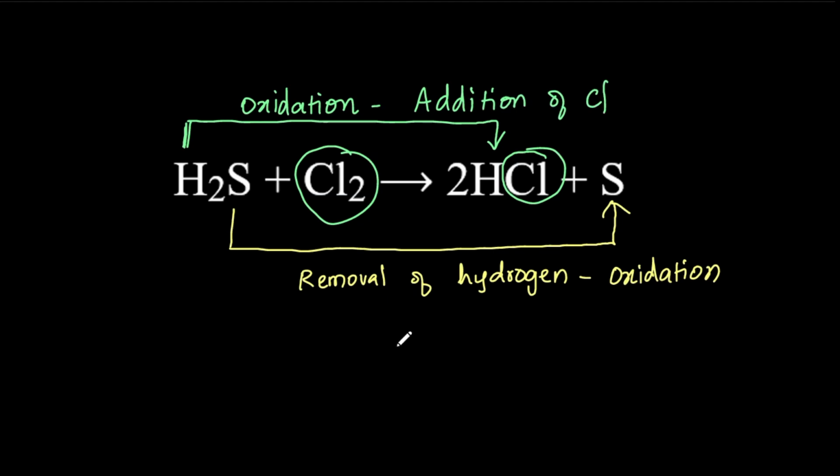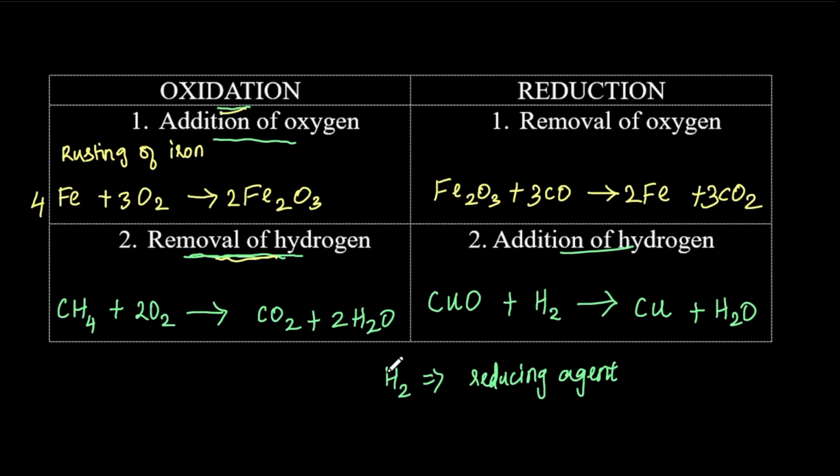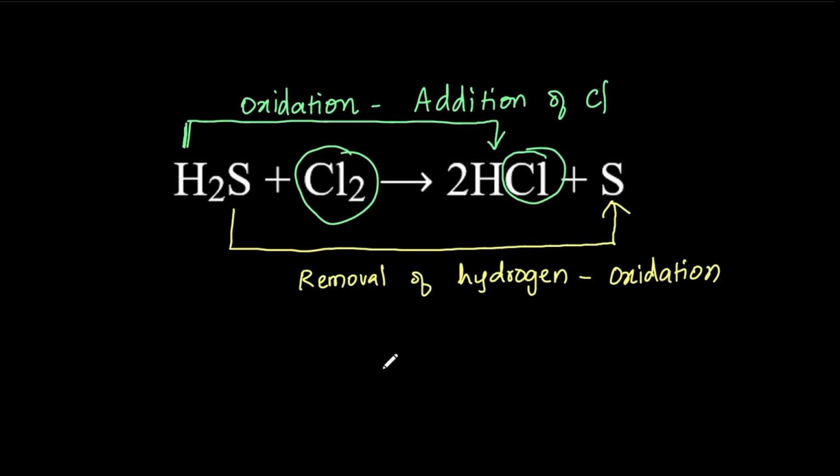So we know only two definitions for oxidation, but here there is a need to write another definition, because here oxygen is not involved at all, but clearly the first compound is oxidized, because we know that removal of hydrogen is oxidation. Then how to rewrite addition of chlorine? We know the similarity between oxygen and chlorine.